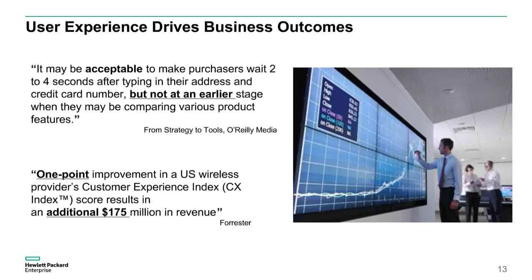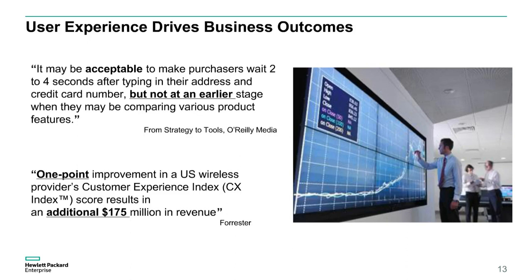In this case, the user expects less than 2 minutes while comparing product features. However, he is much more tolerant when it comes to inserting a credit card number. It means that if we do not provide him a good performance, less than 2 seconds, we will lose this customer, right? And this is a pure correlation between the user experience and the business outcome.